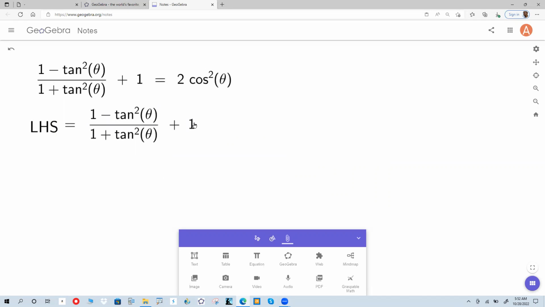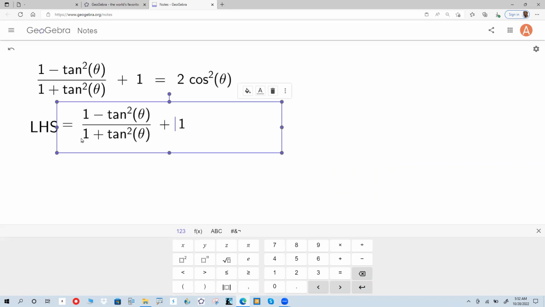Now, instead of 1, I can write this. I'm going to write this, and I'm going to tell you why I think it's a good choice.